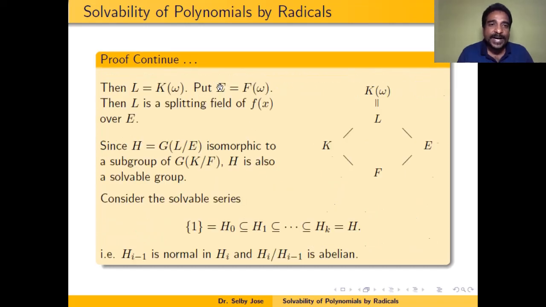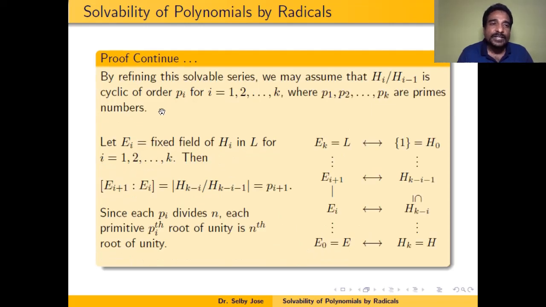Because we have a solvable series H0 contained in H1 contained in Hk equal to H, and the quotient groups are abelian, we can refine the solvable series and make Hi mod Hi minus 1 a cyclic group of order pi, where the pi's are primes. Therefore the degree of the extension Ei plus 1 over Ei is the order of the quotient group, which is pi, a prime.